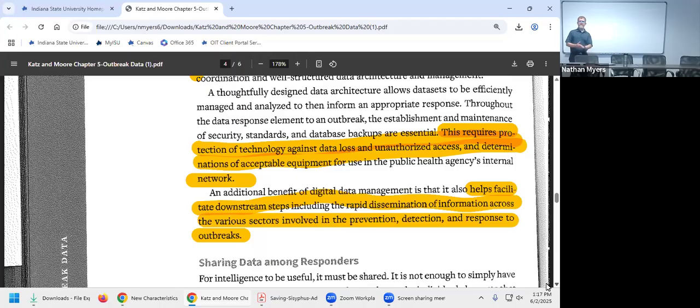An additional benefit of digital data management that also helps facilities downstream include the rapid dissemination of information across the various sectors involved in the prevention, detection, and response to outbreaks.